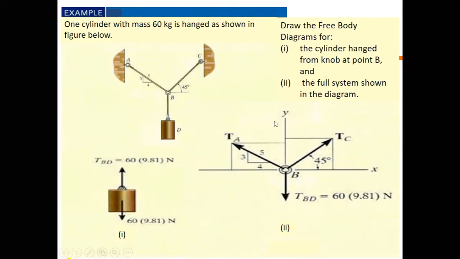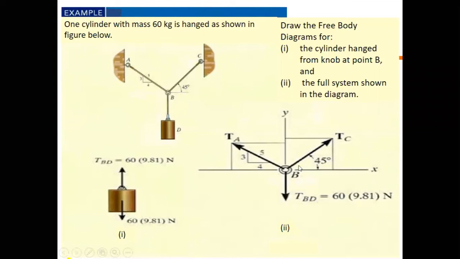Now, for the whole system, this is the point B, the knob. We have to draw downwards the weight TBD, tension 60 multiplied by 9.81 Newton. One more force along the point C, you can say TBC, okay, with angle 45 degrees.